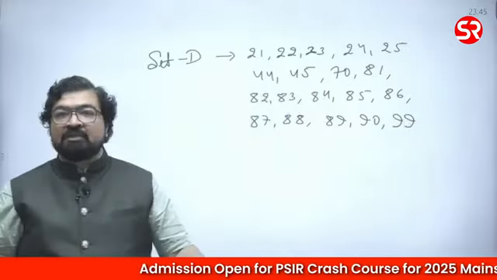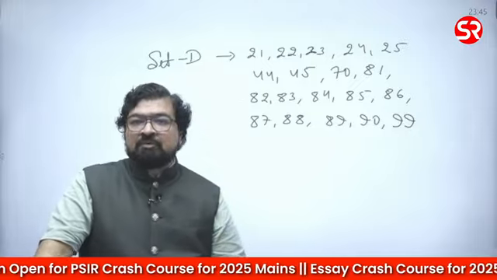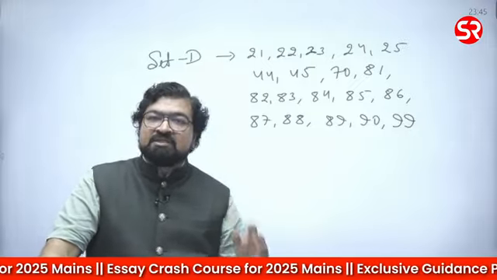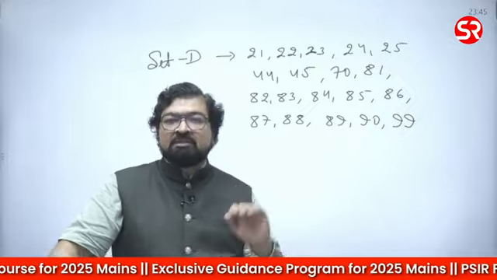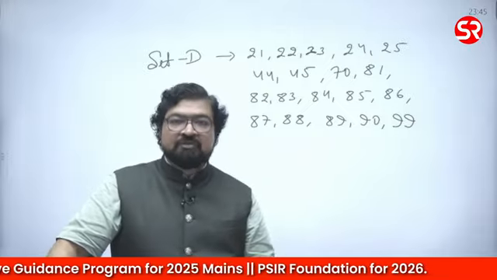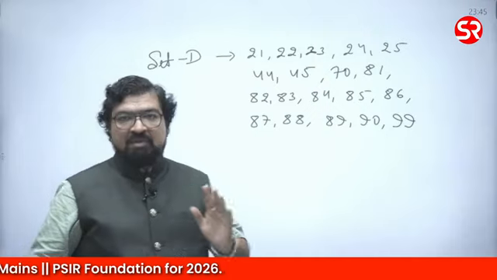So set D has got these questions. Some few questions may be linked with economic development and other areas, and there are even cross-cutting science and technology questions which I have discussed in my environment questions discussion. You can combine them also. So these are the questions I will be covering one by one.